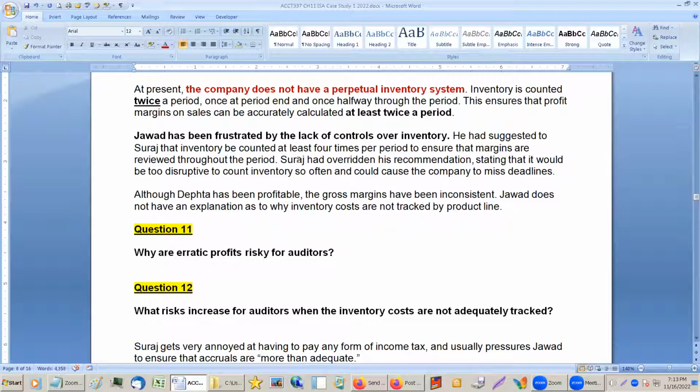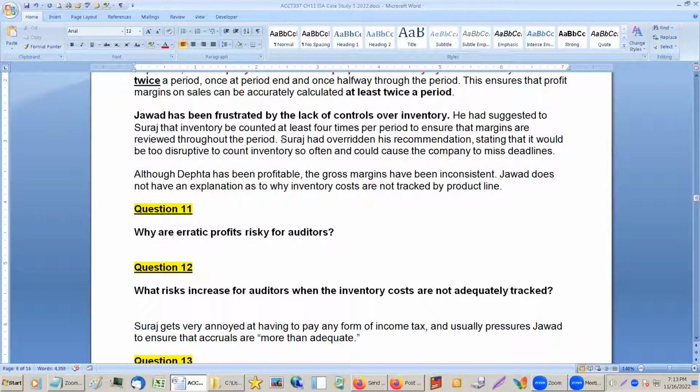Sure, and Siraj had overridden recommendations saying that it would be too disruptive to count the inventory so often and could cause the company to miss deadlines. So again, this is a management decision.